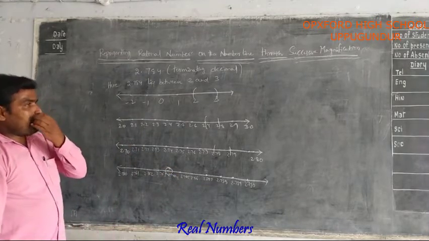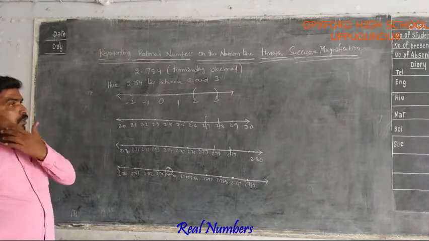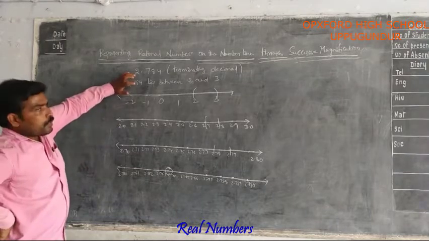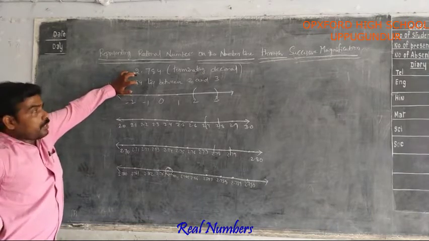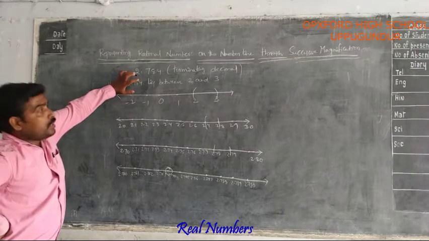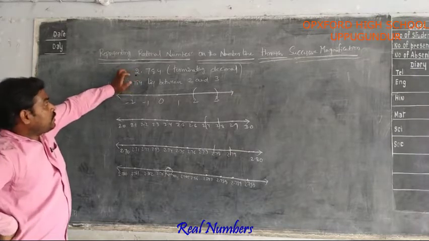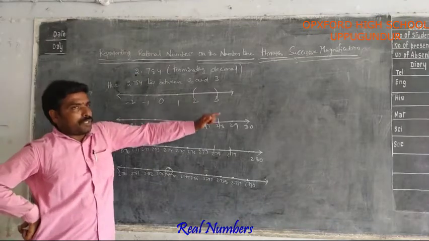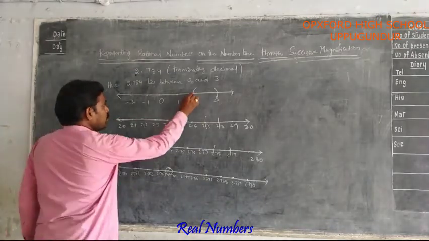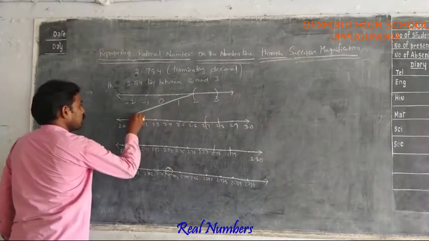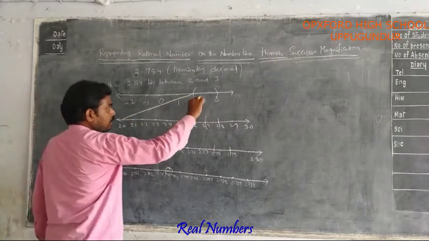So first of all, what is the decimal number we have to represent? First we have to check which integers the decimal number lies between. Here this value lies between the integers 2 and 3.